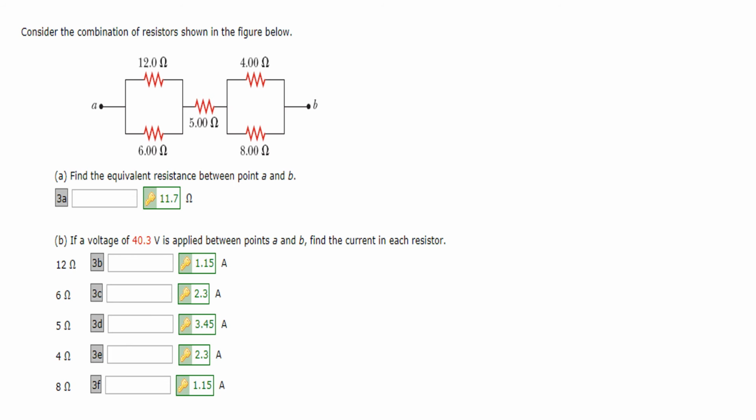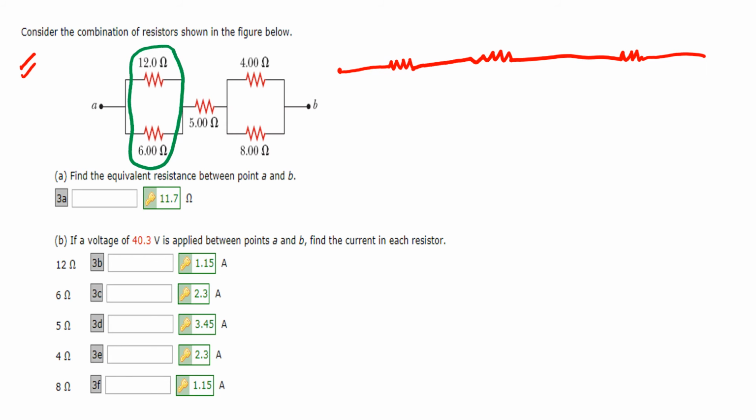Now let us look at the current and voltage of this combination over here. Again, recall that our simplified combination for this example is a series combination where this is R12, R3, and R45.